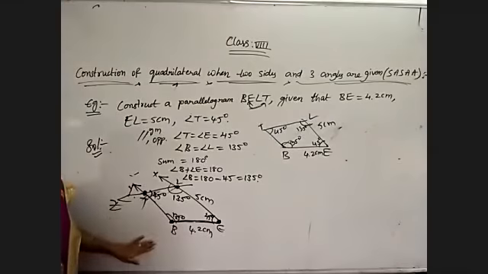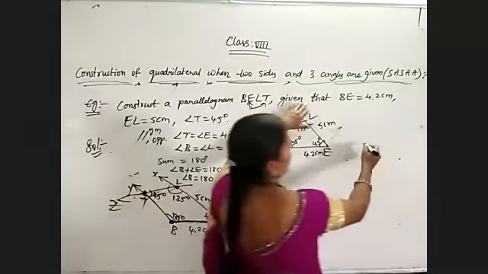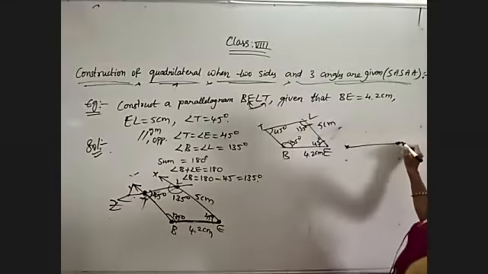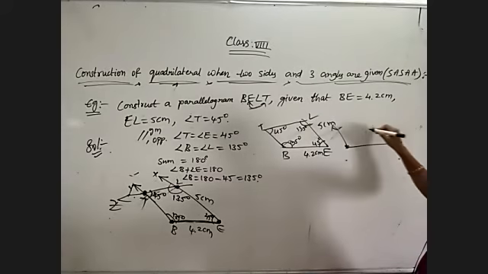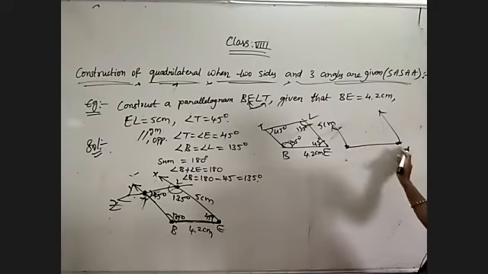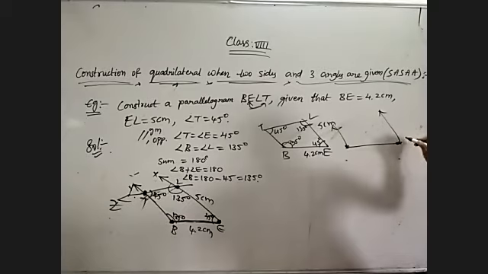You will compulsorily get this. So first of all we draw the line segment. Then we construct these two angles, and one line segment will be given as the included side. So take that side, cut that ray, and we get these 3 points.